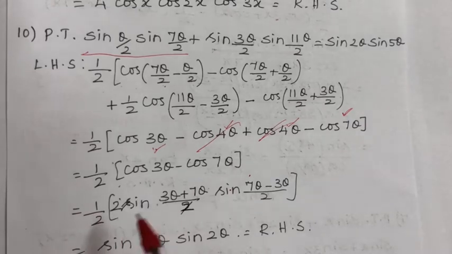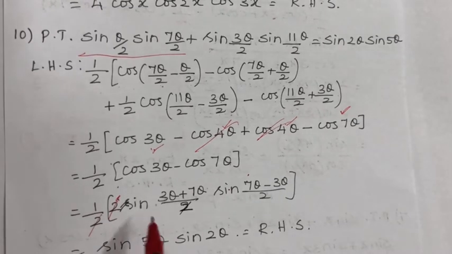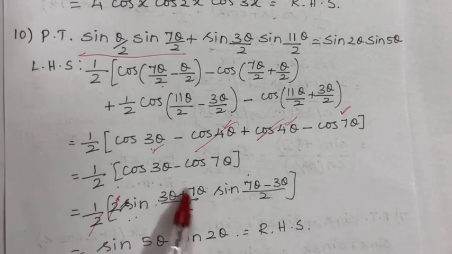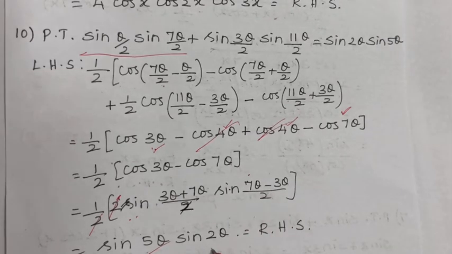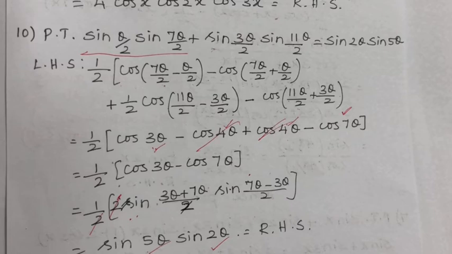So 1 by 2, 2 and 2 will get cancelled. It will become sin of (3 theta plus 7 theta), that is 10 theta, 10 theta by 2, that is 5 theta. 7 theta minus 3 theta by 2 is 4 theta by 2, and that is our 2 theta. It is our right hand side. That's what we have to prove.